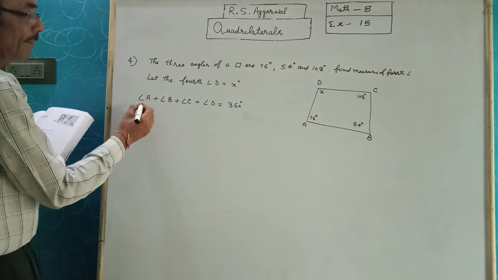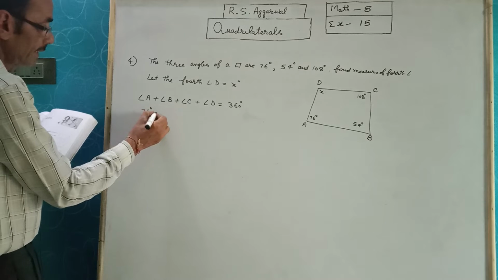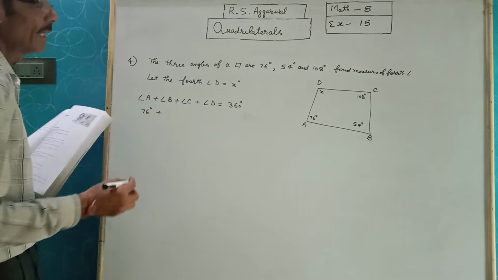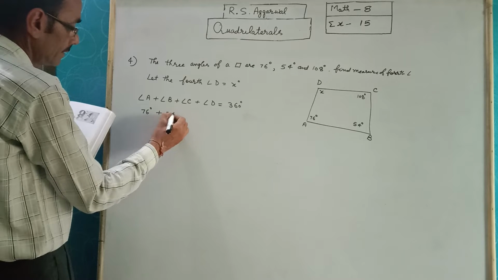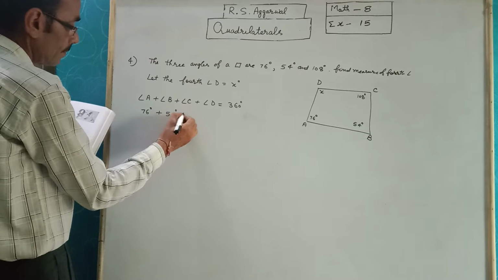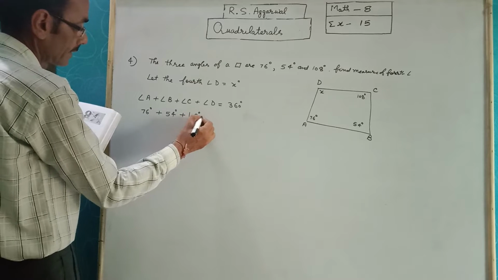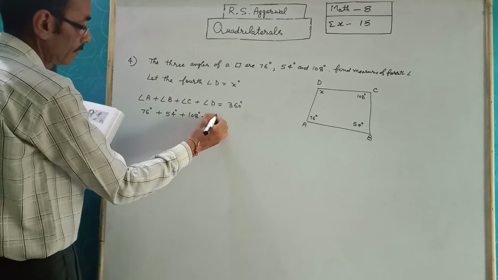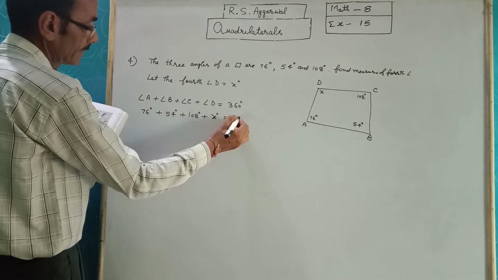Angle A value is 76 degree plus angle B is equal to 54 degree plus angle C value is 108 degree plus angle D value is X is equal to 360.